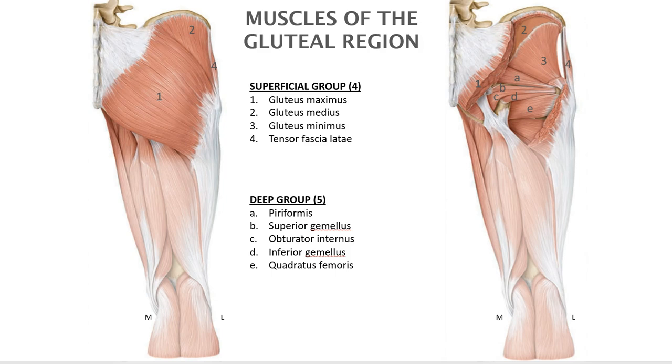In this overview slide, we see that the muscles of the gluteal region are divided into a superficial group of 4 muscles and a deep group which contain 5 muscles. In general, the superficial group of the gluteal muscles are responsible largely for abduction and extension of the thigh, and the deep group is largely responsible for external rotation of the thigh, but also realize that both of these are broad generalizations.